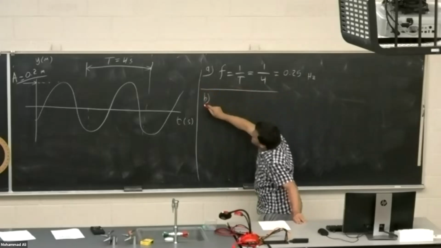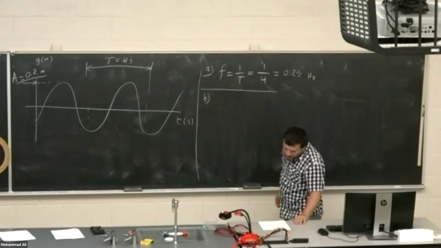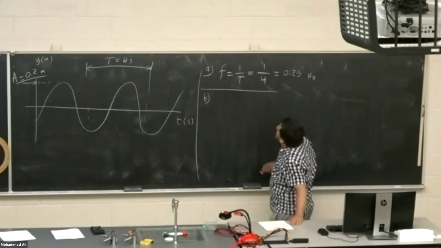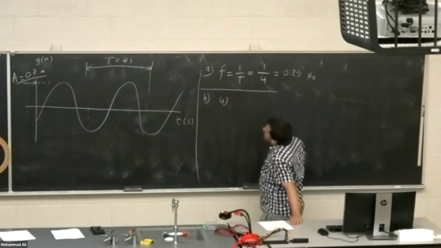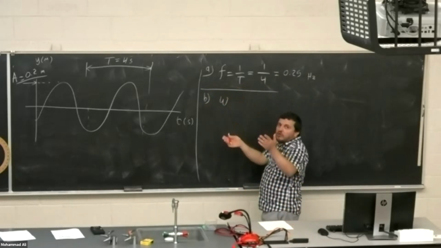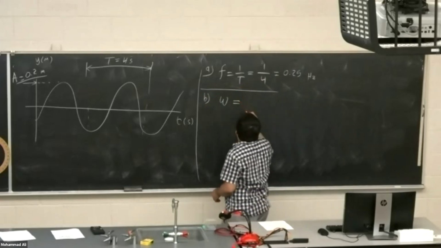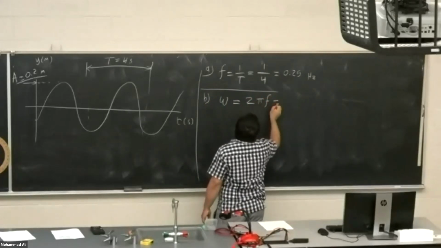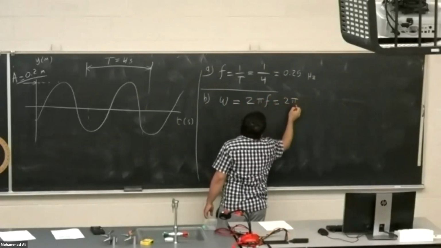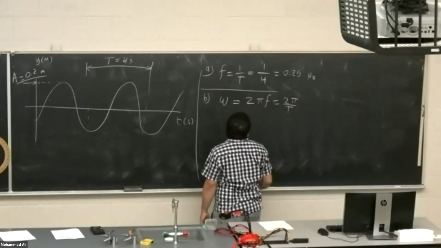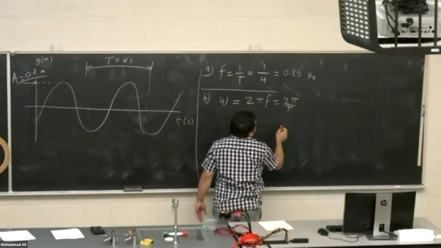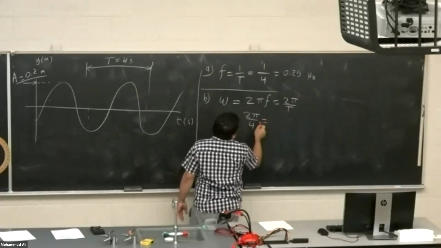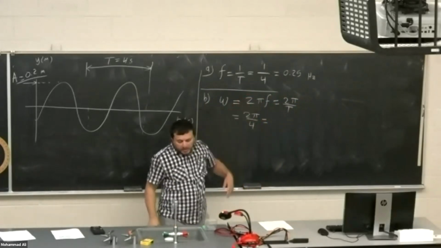B. The angular frequency, omega. It is the angular frequency or the angular speed or velocity. It is equal to 2 pi f or 2 pi over T. So it will be equal to 2 pi over 4, or 2 pi multiplied by a quarter.